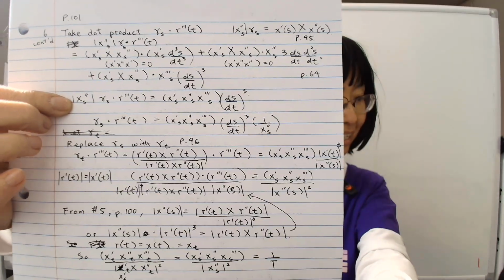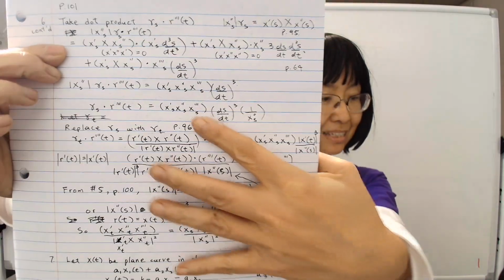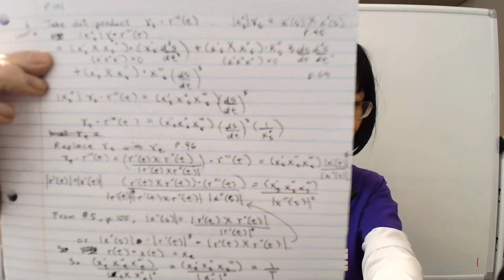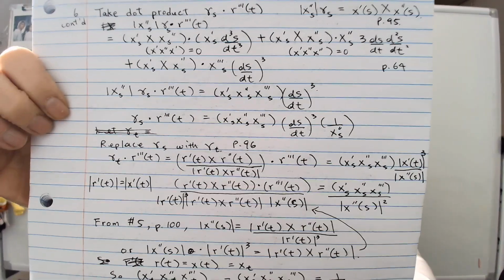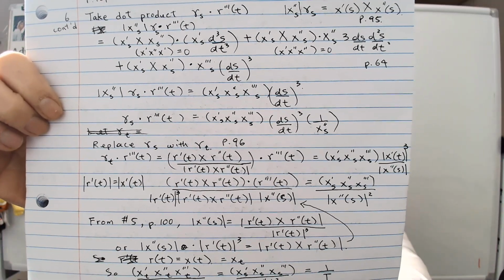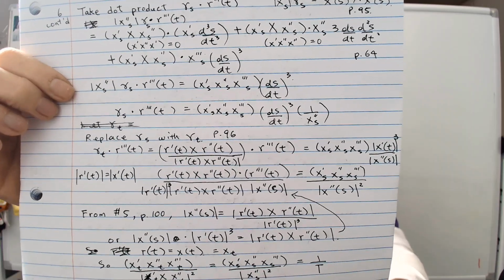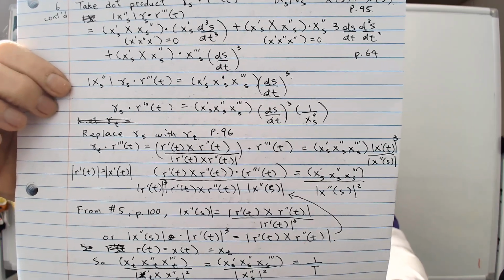So this thing equals the last item, which is x prime, x double prime, x triple prime times ds by dt. That is an excellent sign because it's looking more or less like the answer we're seeking.